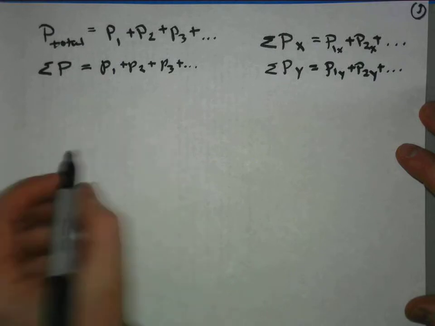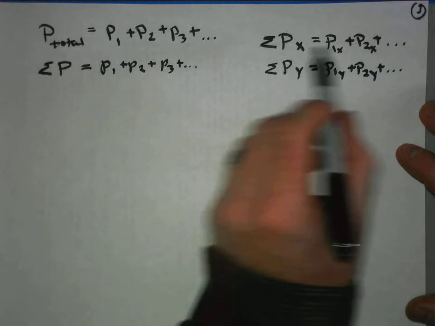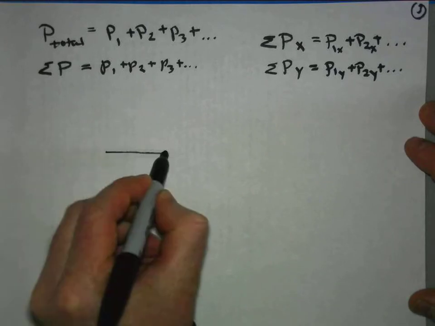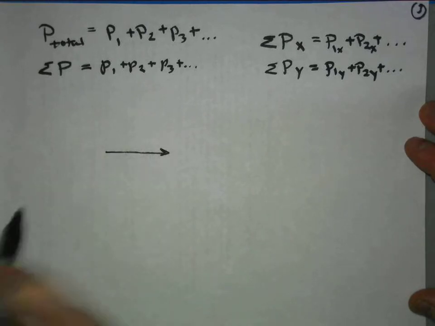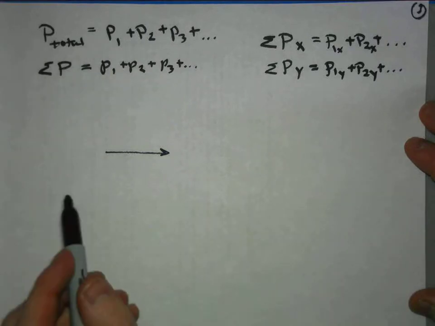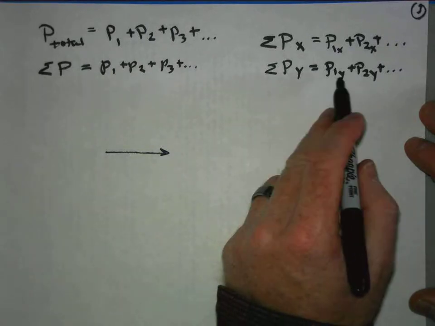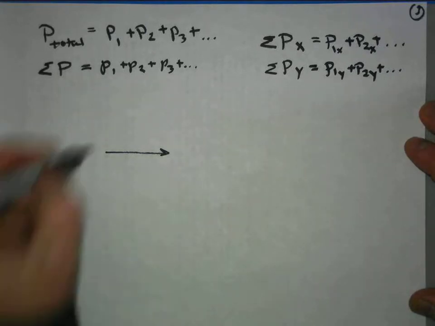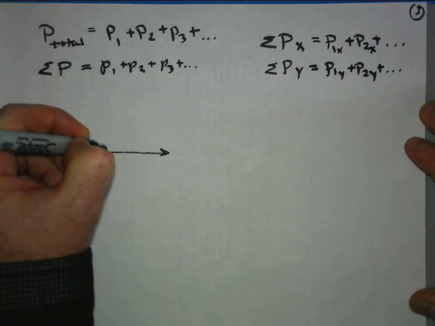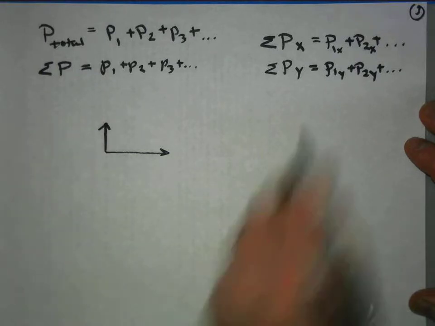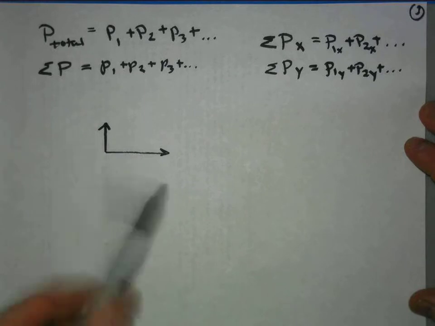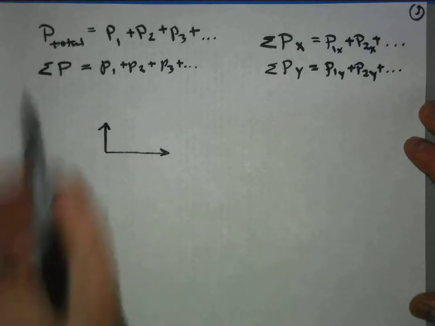Well, quite simply, if I add up all the x components of individual momenta, I get some sum in the x direction. And if I add up all the y components of individual momenta, I get a sum of the y components. And so I'm looking for what you would call a resultant, or the total.